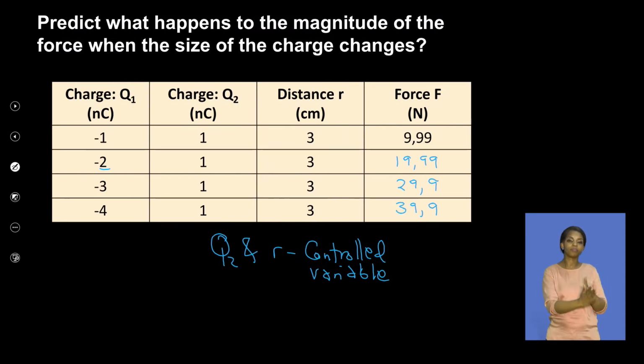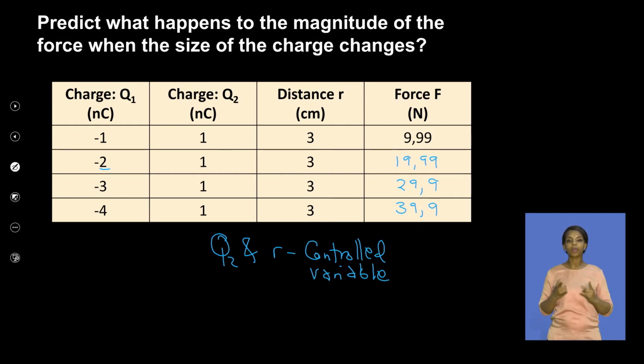That's the magnitude of the force. Now, immediately we can pick up that as the magnitude of Q1 increases while the distance between the two charges and the charge of Q2 remain constant, the magnitude of the electrostatic force also increases in the same proportion.